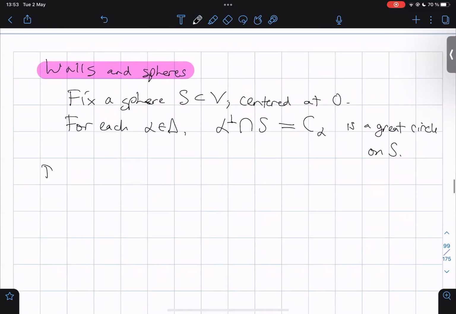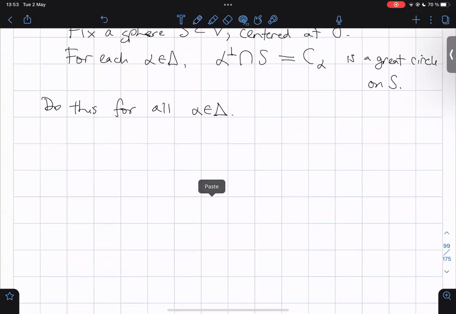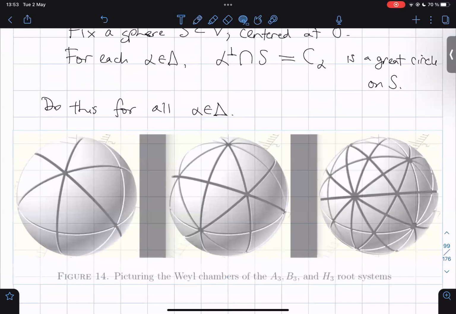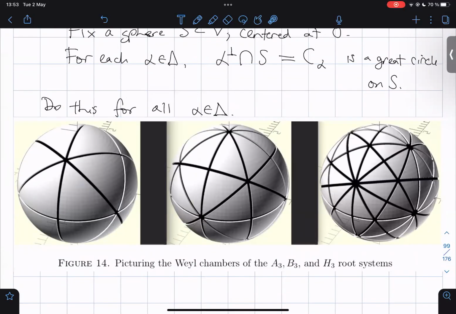So do this for all roots, and what you're going to get are these pictures right here. This fixed sphere S is cut up into all these sectors, and each sector corresponds to a Weyl chamber.